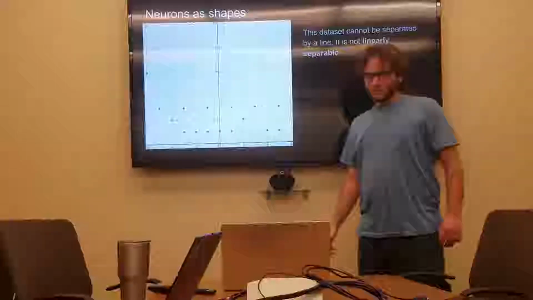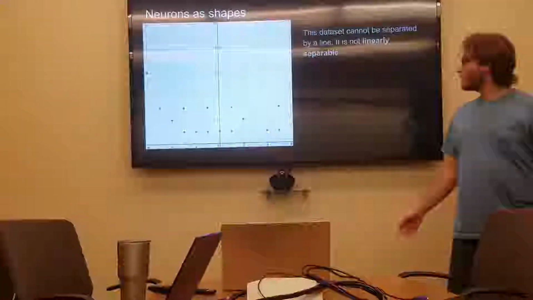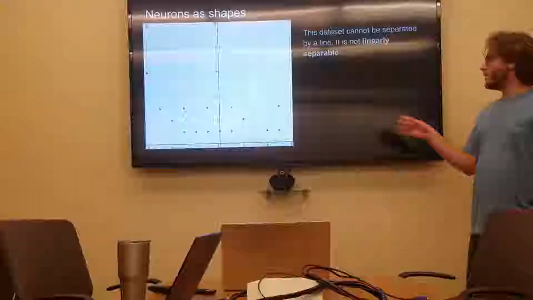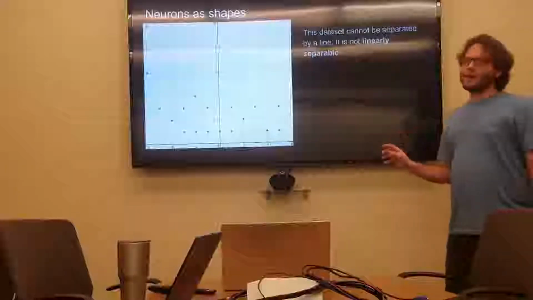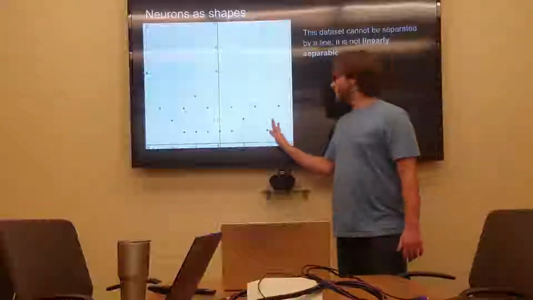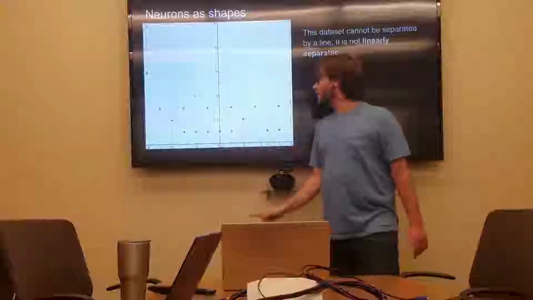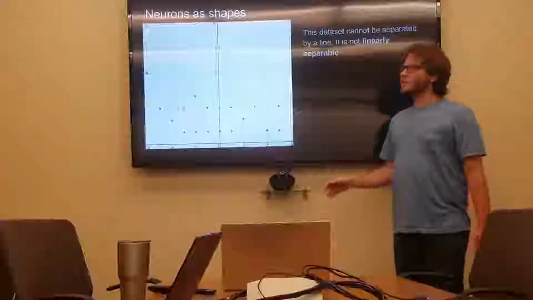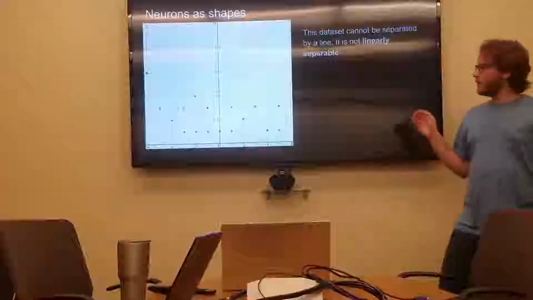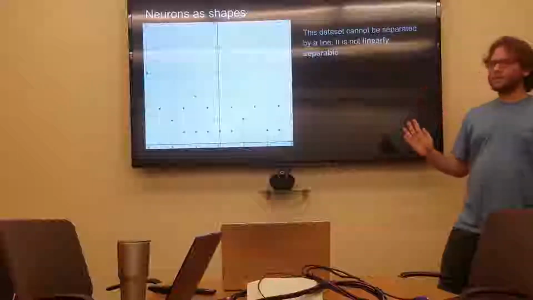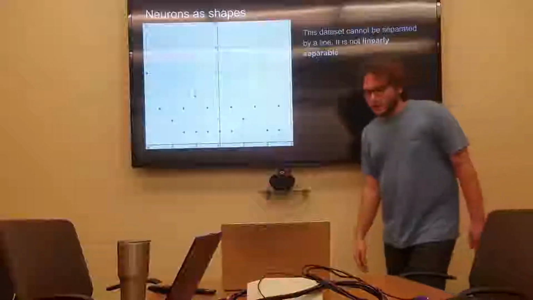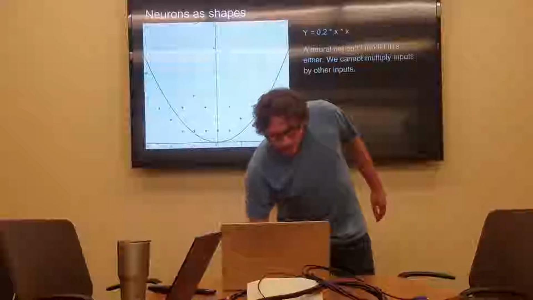But we can't model everything that way. So in this case, this data, there's clearly a pattern to it. We have the blue class on the outside and the red class on the inside, but it isn't linearly separable. We can't draw one line through that's going to separate those perfectly. We can try this.